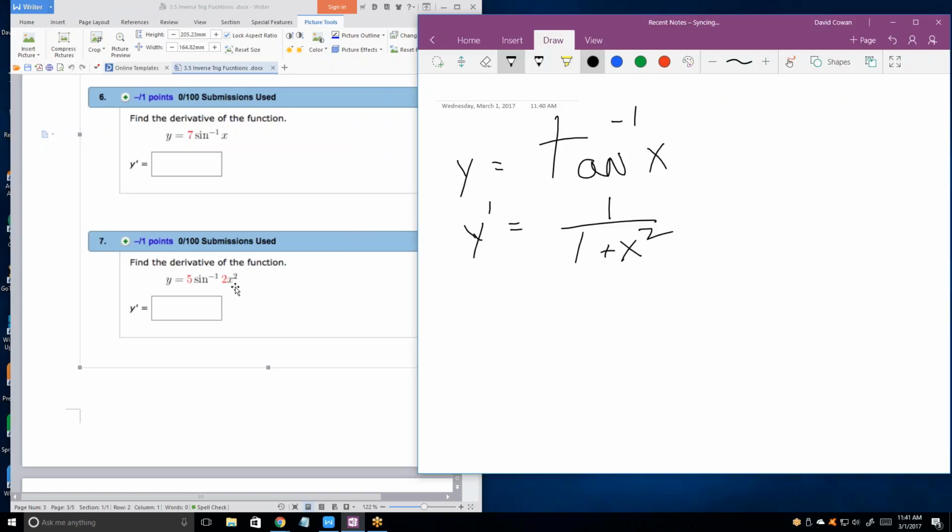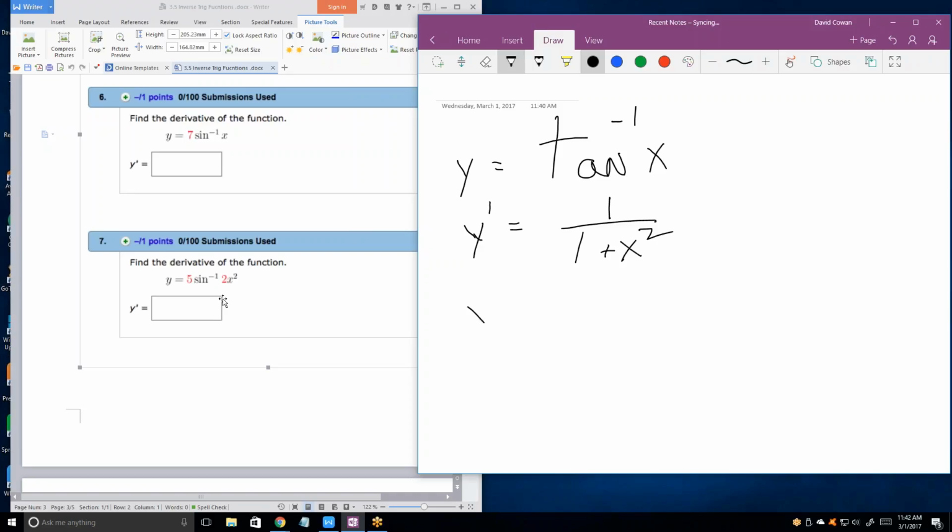You undoubtedly wouldn't be doing this if you hadn't already had derivatives of trig functions. Derivative of sine is cosine. Derivative of tangent is secant squared. The derivative of secant is secant tangent. So derivatives of trig functions are trig functions, but derivatives of inverse trig functions are always polynomials.